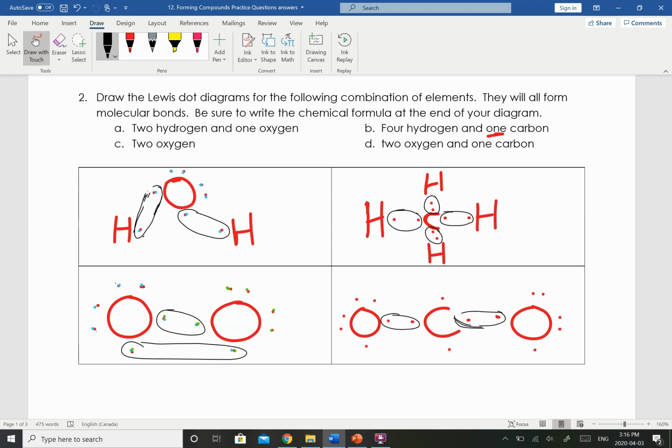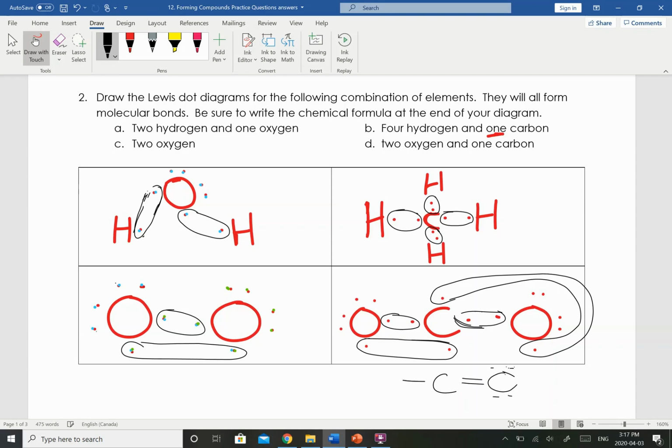So we need another bond, and let's draw it between this. So now there'll be a double bond between carbon and oxygen, and a double bond between carbon and oxygen. And what that actually looks like when we do it in shorthand is we would have our carbon with 2 lines attached to our oxygen with its lone pairs with the electrons left over, and then double bond attached to our oxygen.